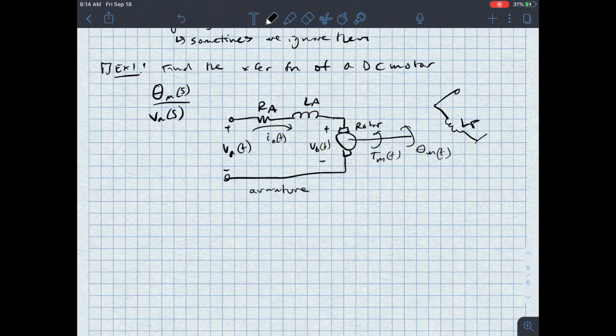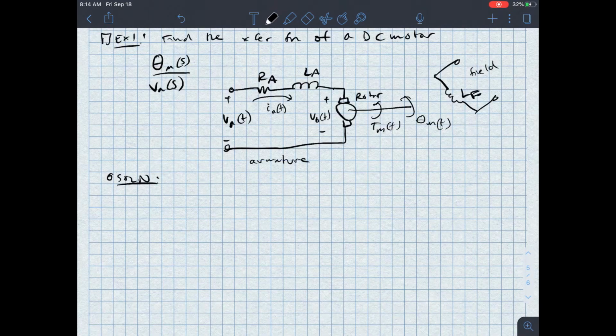So this is my field, or my stator. The solution we're looking for is the transfer function, which I'll call G of S, which relates the input VA of S, so an input armature voltage, with theta m of S. That is the angular displacement as a function of S.